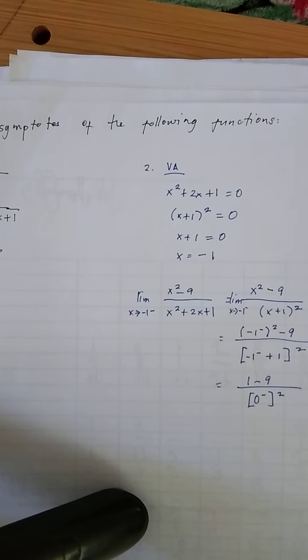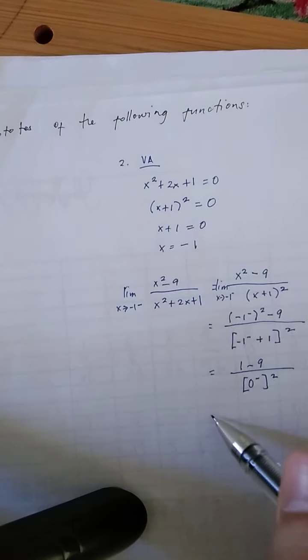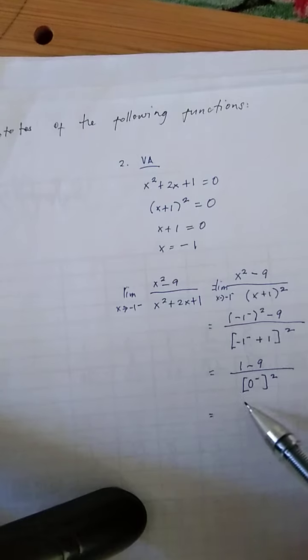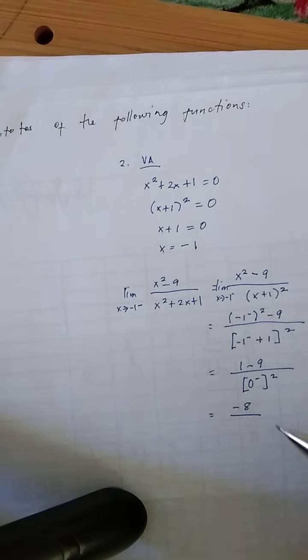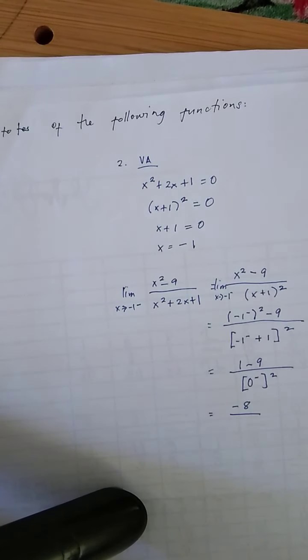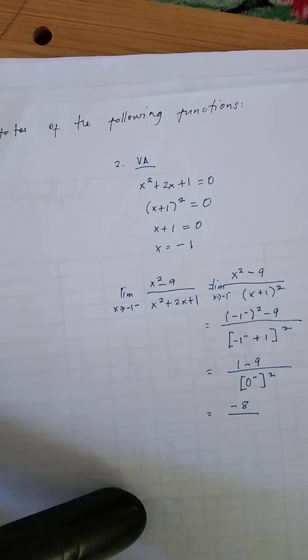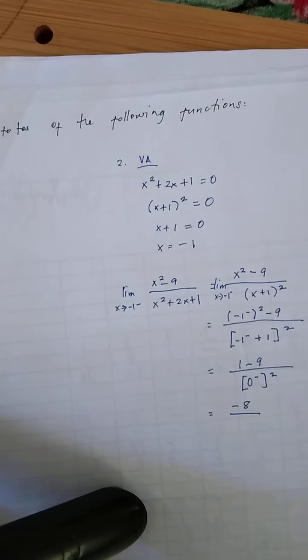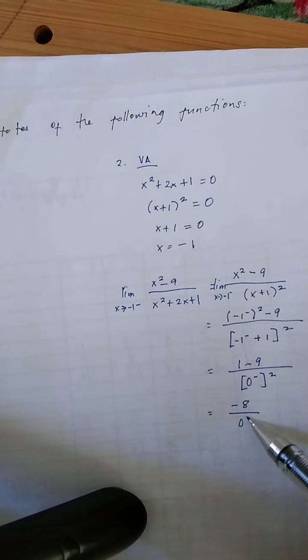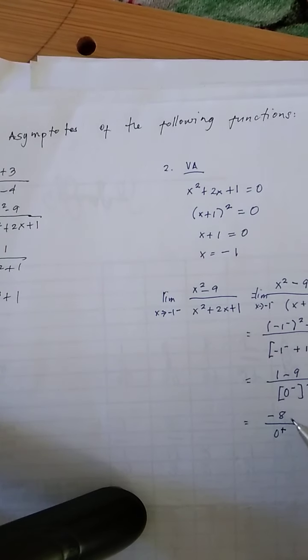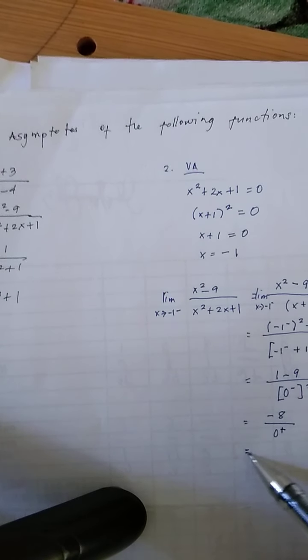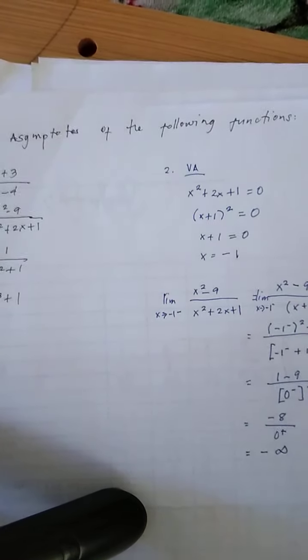Of course, 1 minus 9 is negative 8. When you take the square of the denominator, you will get a positive number, of course close to 0, so it's 0 plus. So negative divided by positive, you will get negative infinity.